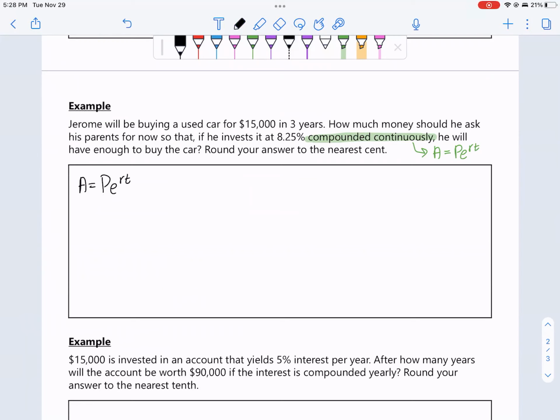So we need P, R, T, A. We have A, P, R, and T. We need 3 of those 4 things. Up here, buying a used car for $15,000 in 3 years. So this isn't how much he has now. This is how much he hopes to have. He hopes to have. That's our A. This is the accumulated amount we're hoping for.